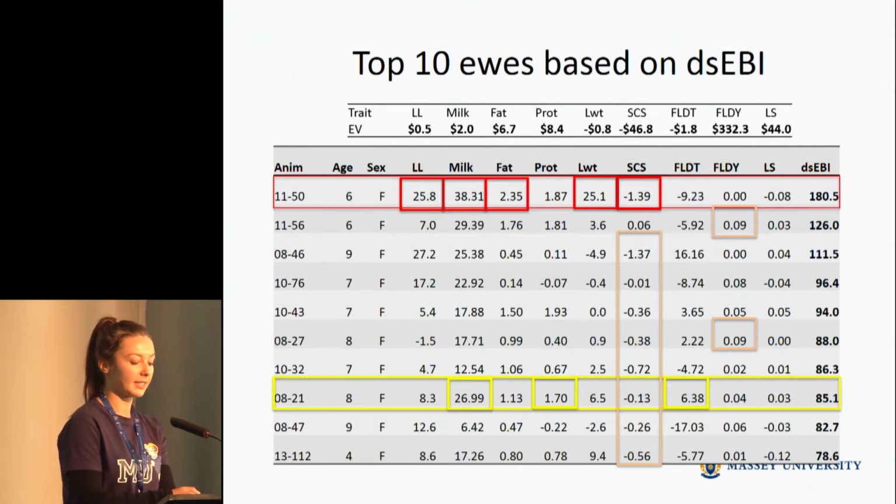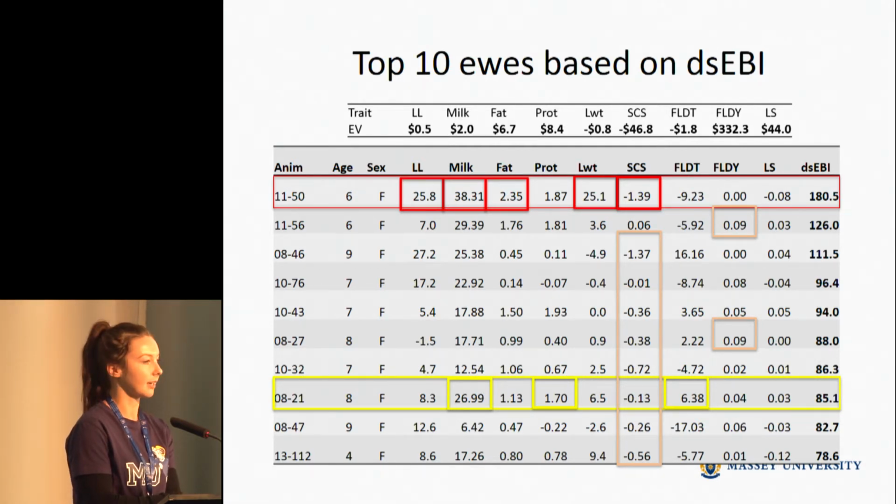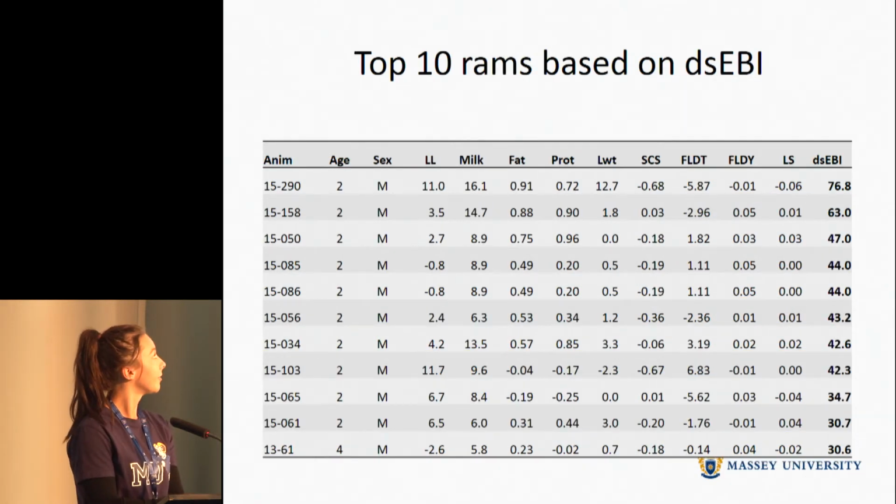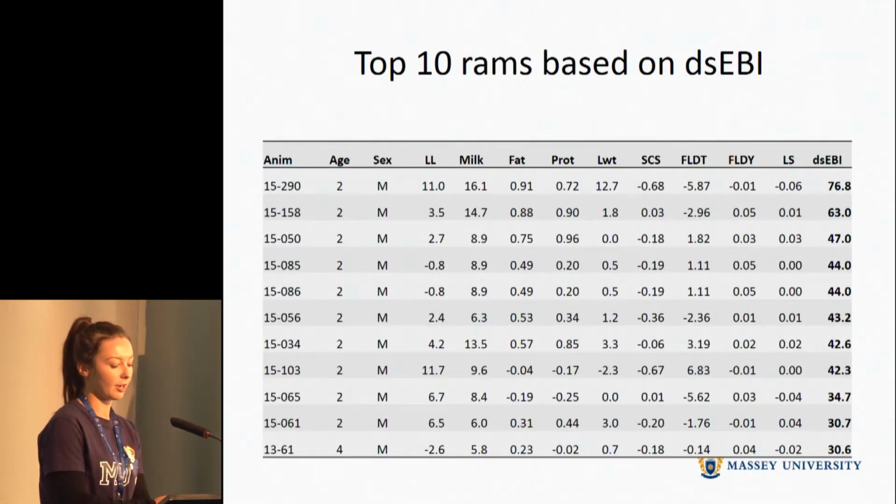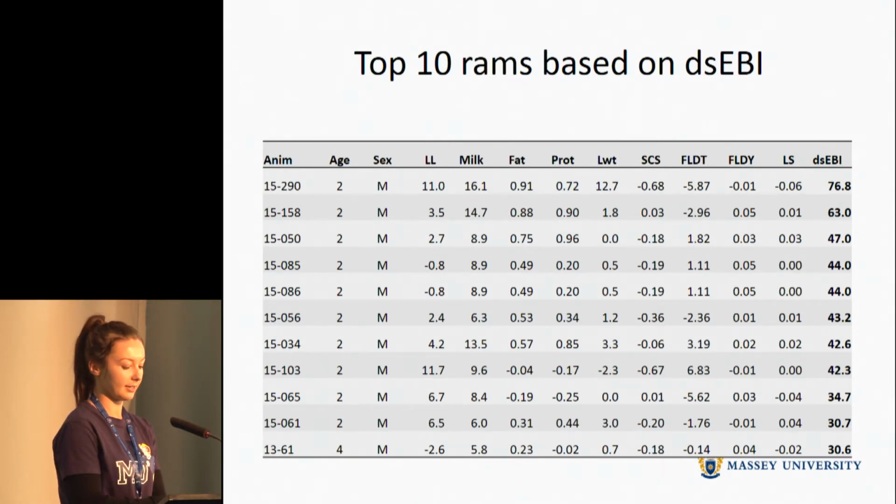So although the index can be used for identifying the top producing ewes, the best use of this index is actually for identifying and selecting the top rams to breed from. So here I have the top 10 rams in the flock based on the selection index.